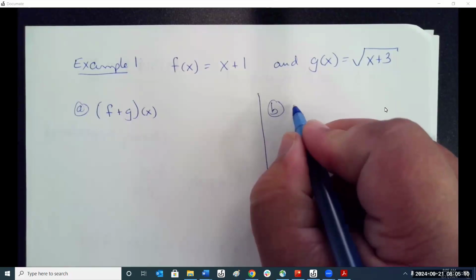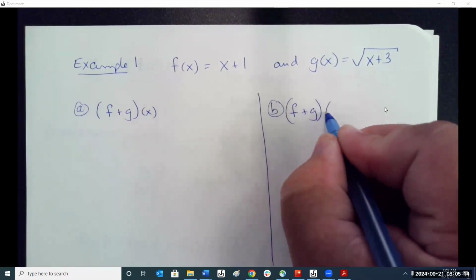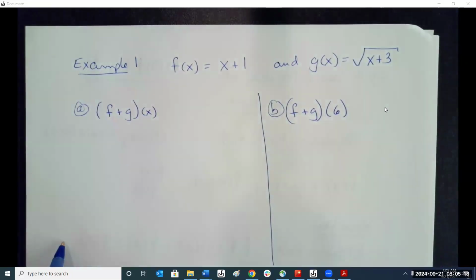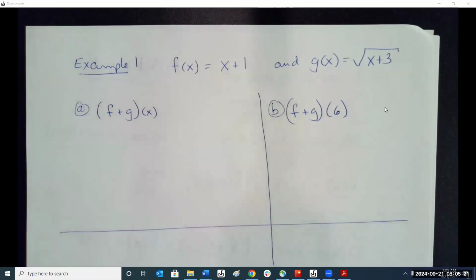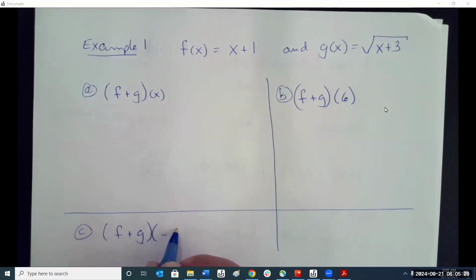B says, find f plus g of 6. And C says, find f plus g of -4.